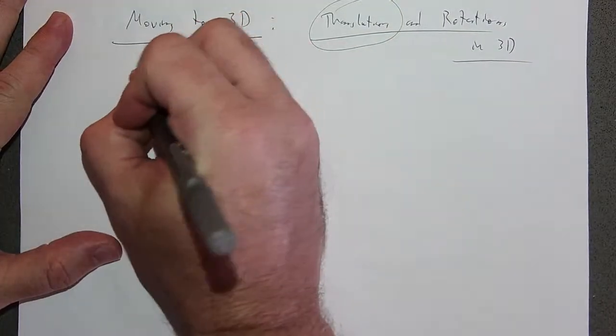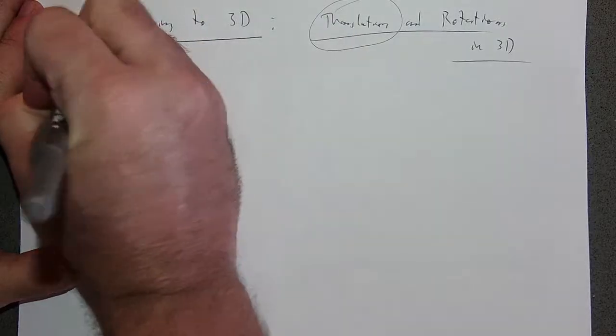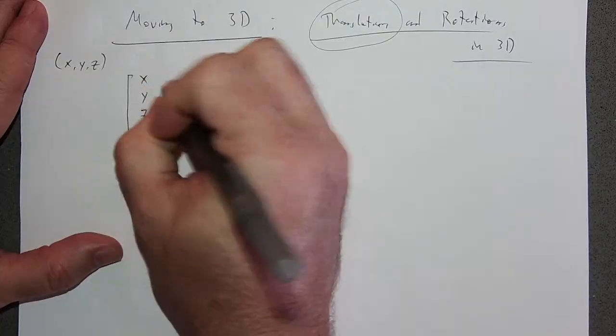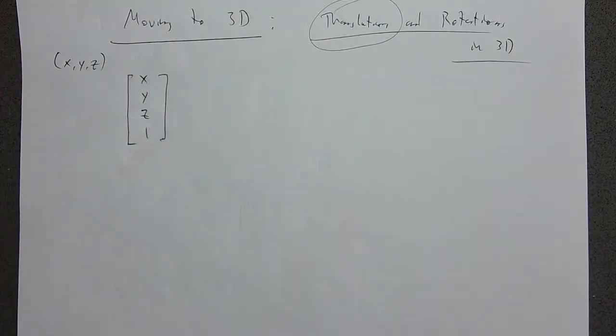The basic idea is the same. I represent a point x, y, z using the vector x, y, z, 1, for the exact same reason that I did this in 2D. Translations in 3D also move the origin, and therefore are on their face just not linear.